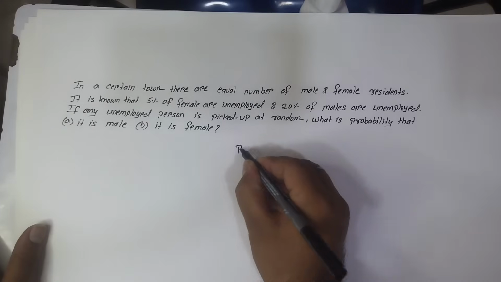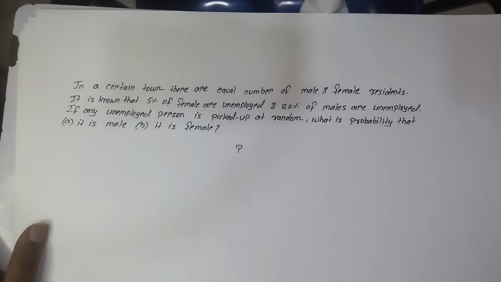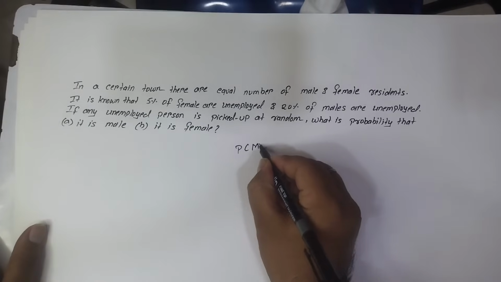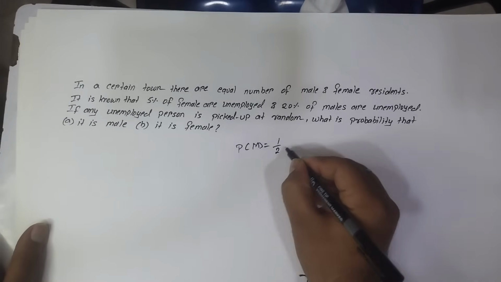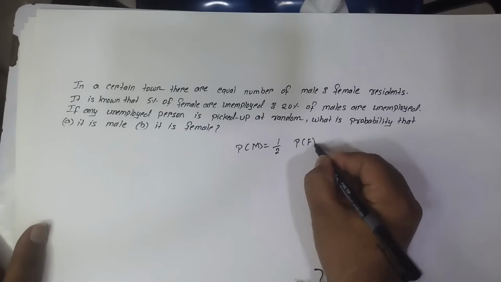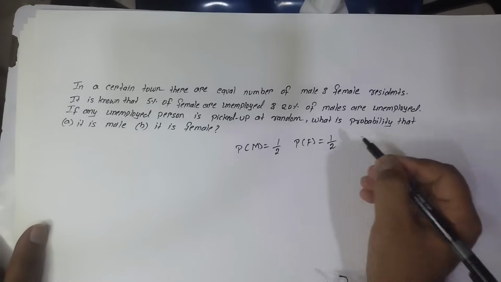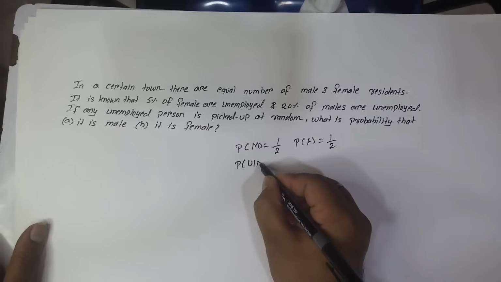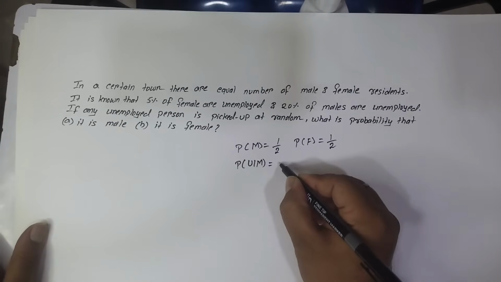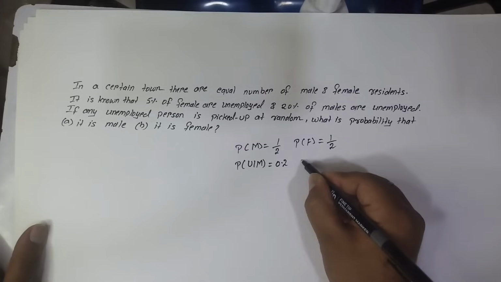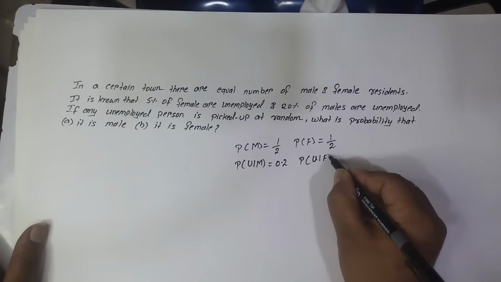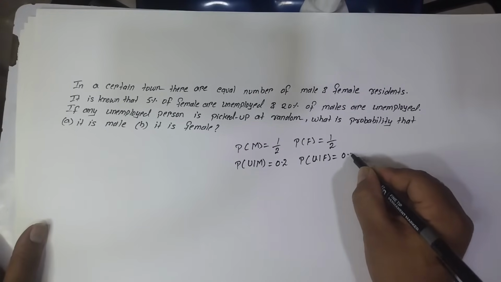So, as the numbers of male and female are equal, the probability of male will be 1 by 2 and the probability of female will also be 1 by 2. Probability of unemployment given the person is male is 20%, so 0.2, and the probability of unemployment given the person is female is 5%, so 0.05.